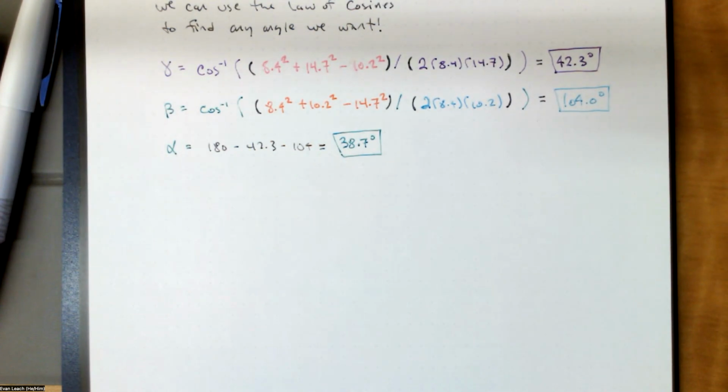When we're playing the solving triangles game, as soon as you know 2 angles, subtract to find the third.